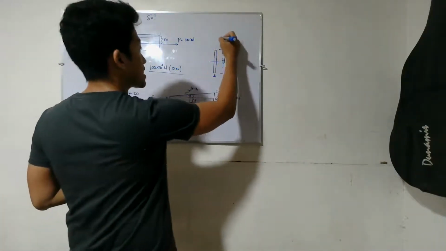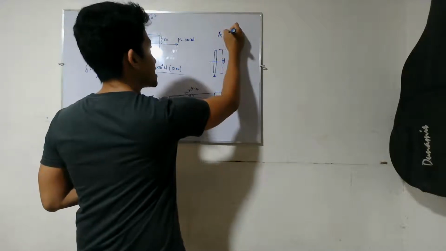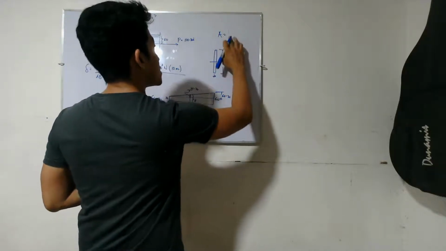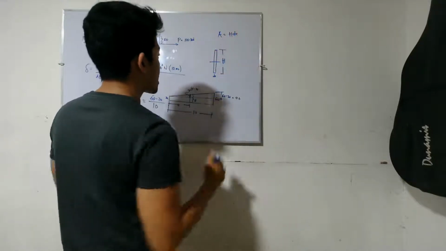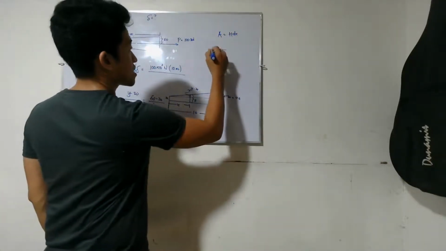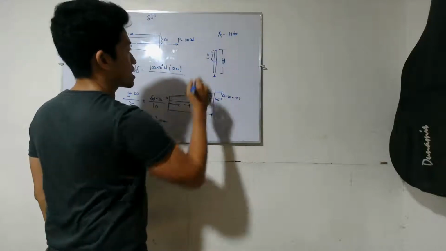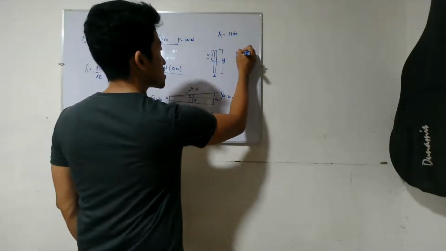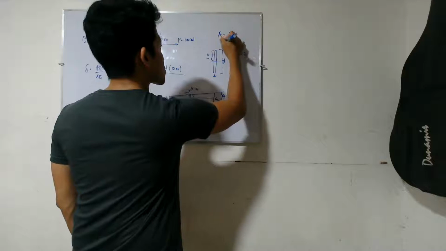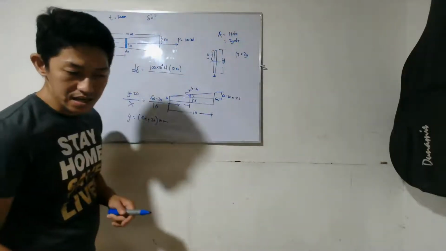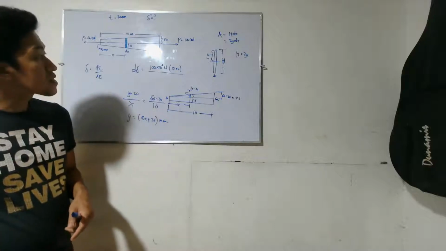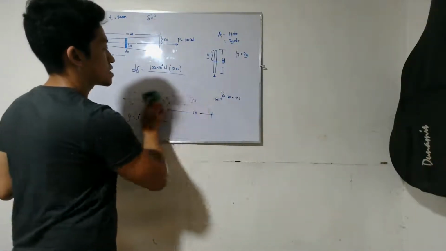So we can get the area now. The area is height times dx, and the height is 2y. So it becomes 2y dx. That is the area.